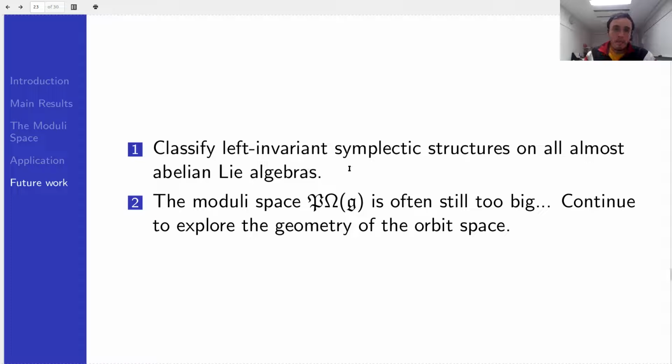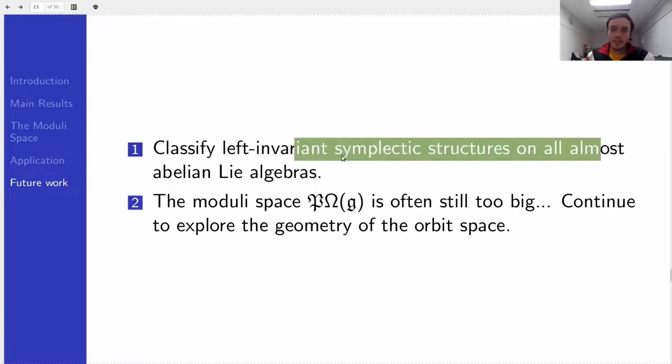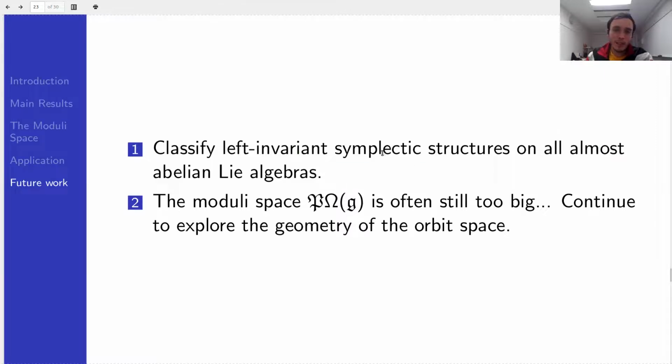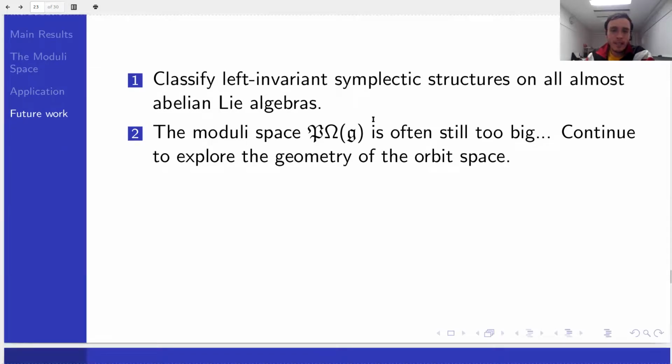So for doing this, you just have to consider all the Jordan normal forms, and the calculations will become more complicated, but it seems doable. But more interesting maybe is that the moduli space is often still too big.